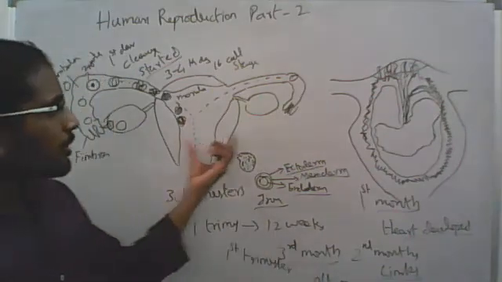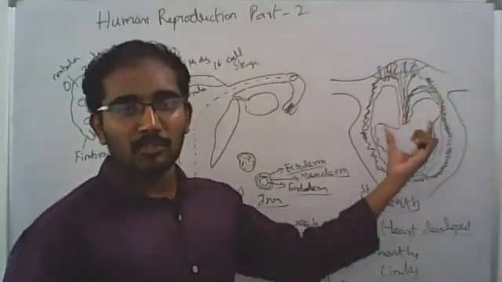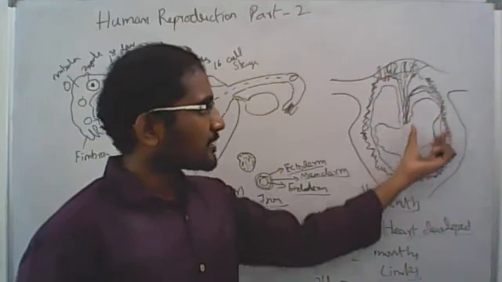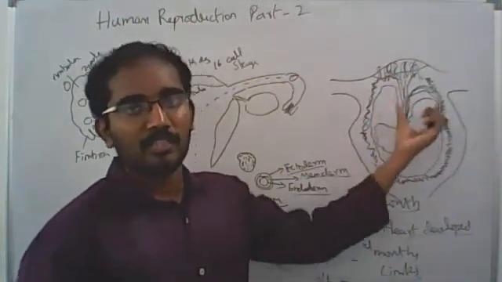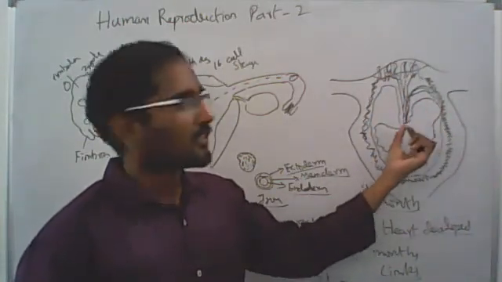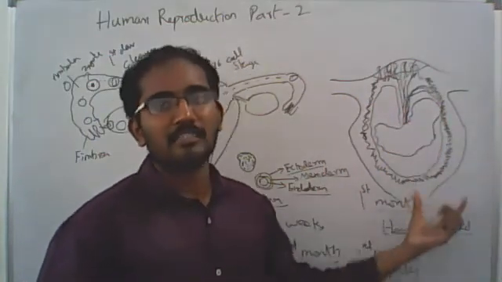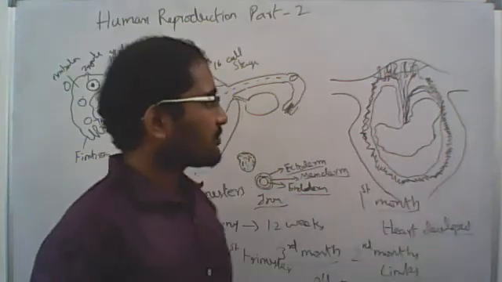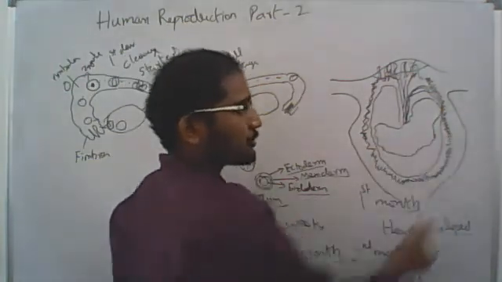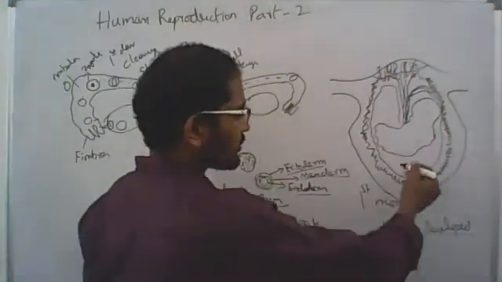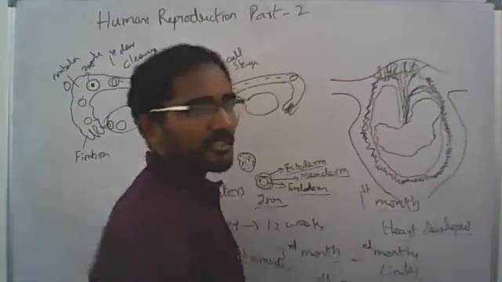Okay, so when the fetus is somewhat developed, we can see this much of the figure over there. If the fetus is almost developed, we can see the fetus in this kind of appearance inside the uterus. So here is the uterus. You can see the chorionic structures.